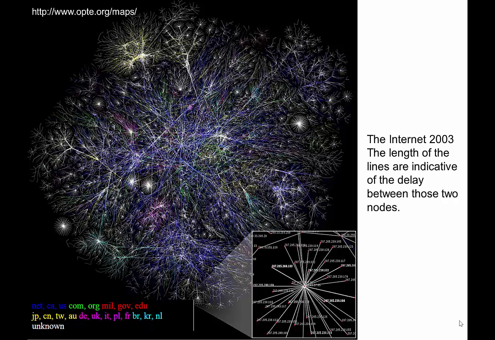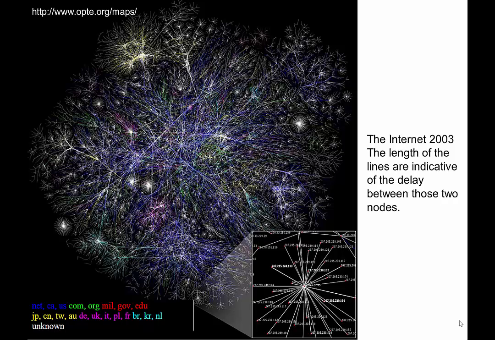This is getting a bit old now, but this is a map of the internet as it was in 2013. We'll see a few more of these in future lessons. Clearly, the internet is probably at least two orders of magnitude bigger now, and this seems to be one of the final attempts to see the internet in one picture.